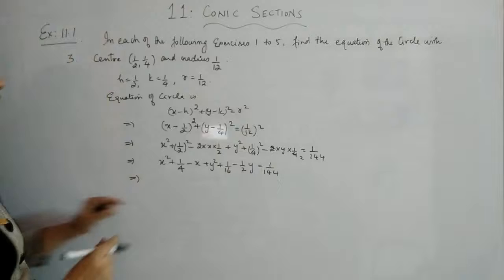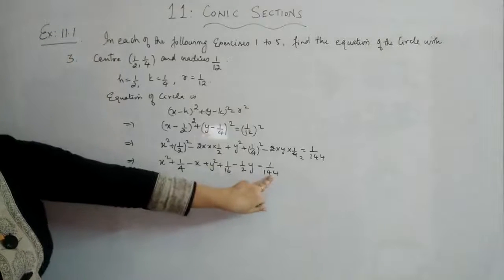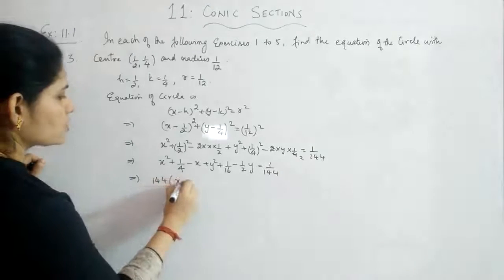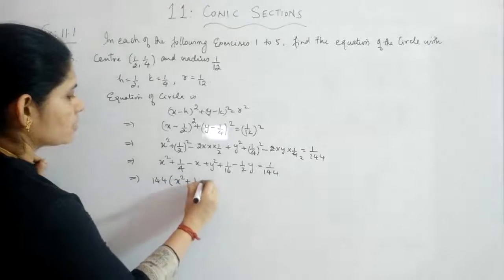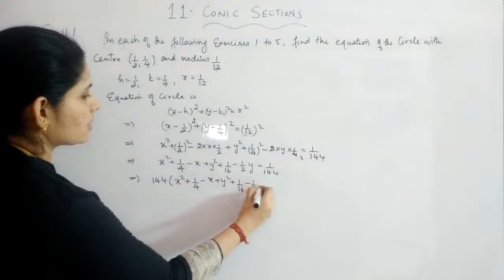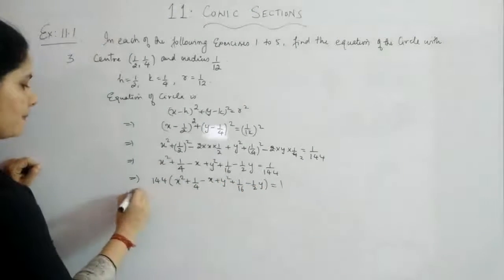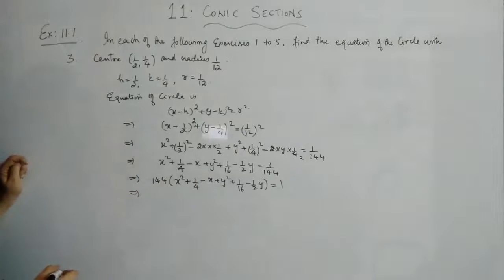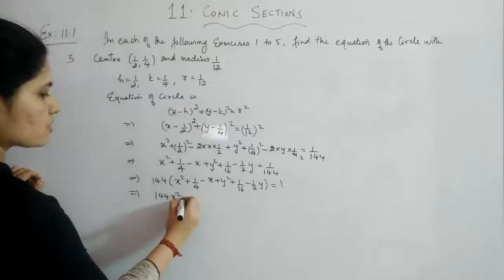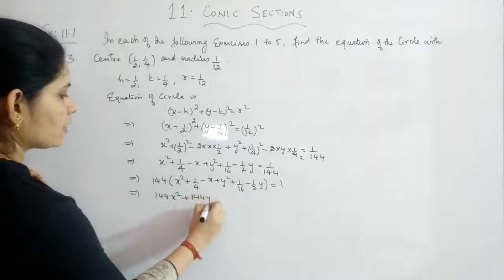Now taking the cross multiplication, that is 144 is coming here, so this will become 144 into (x square plus 1 by 4 minus x plus y square plus 1 by 16 minus 1 by 2 y) is equal to 1. Now multiplying 144 with each of the terms, you will get 144x square, then the y square term which is again 144y square.